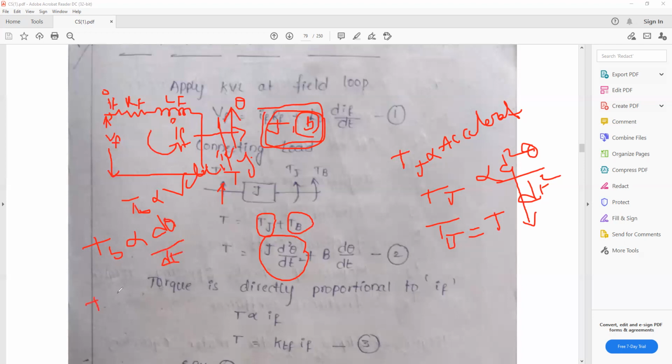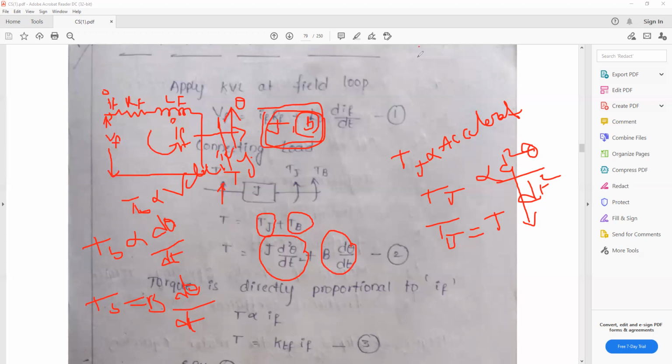So Tb is equal to some constant B into d theta by dt. So the torque is directly proportional to the field current IF.